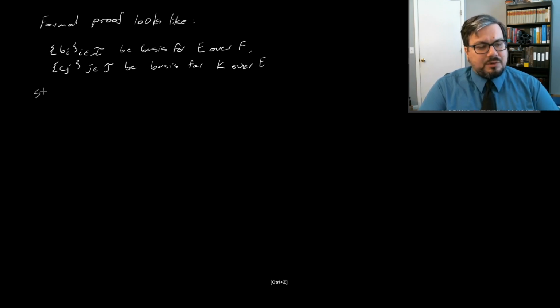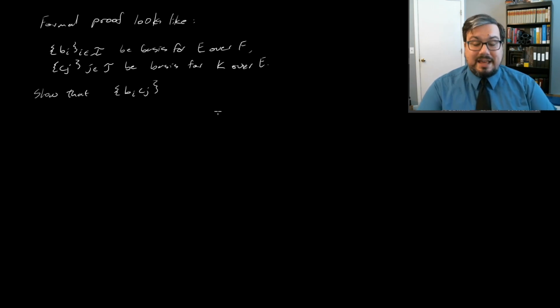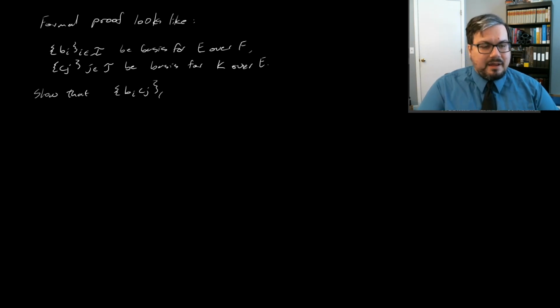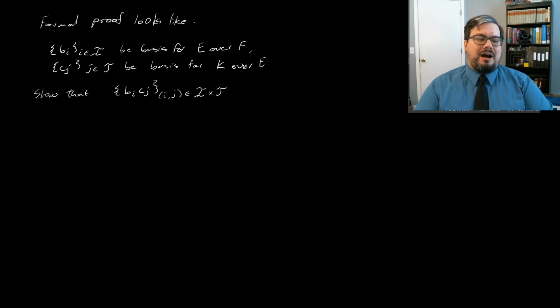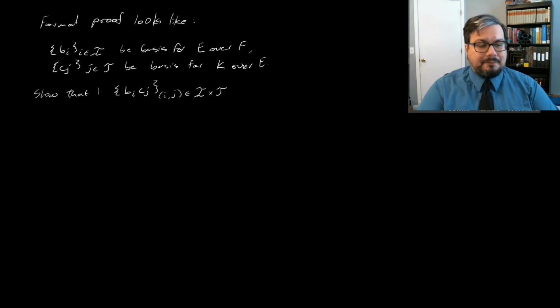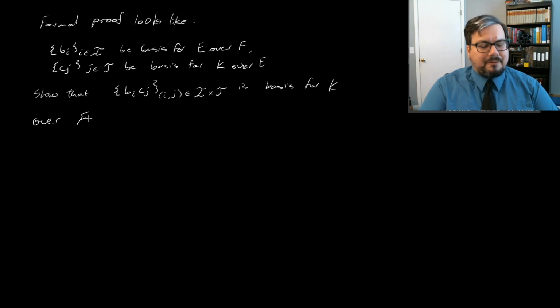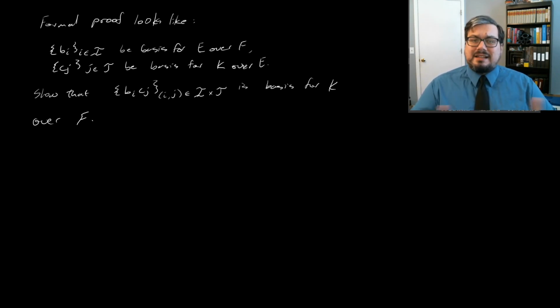So this shows that if we look at the elements b_i c_j, these are all elements of K because everything inside is contained in K, and where we take all the possible combinations for i and j in the Cartesian product of I and J, that this is a basis for K over F. And this is not terribly difficult.